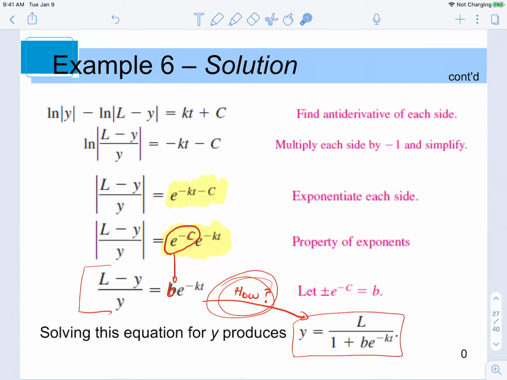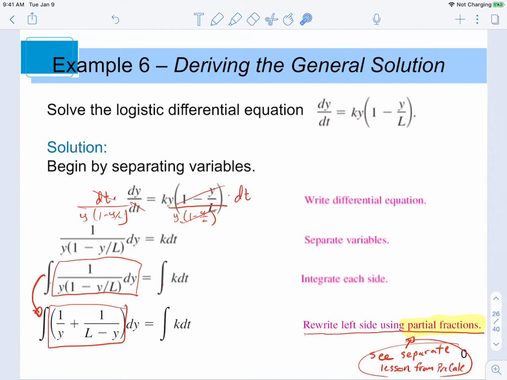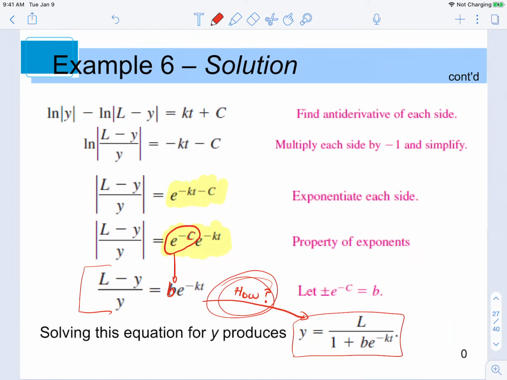When I integrate both sides, you'll notice I have here, I'll write it. Okay, and that leads me to this step here.